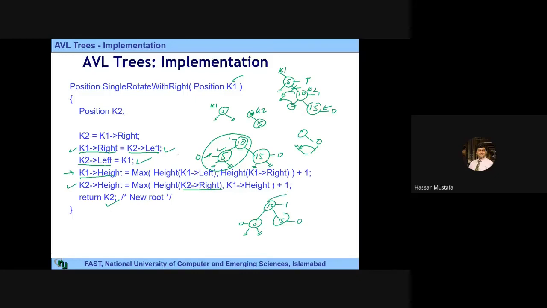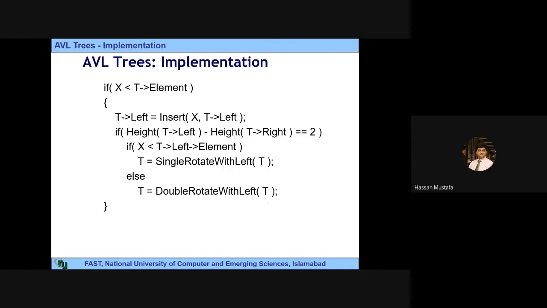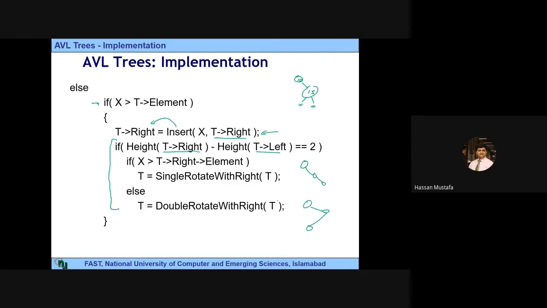This rotation function returns the address of this 10, and you saw in the insert function that after the single rotate with the right child, a new root node is returned and assigned here in the place of t. In this example, the t was 5, but after the rotation, this t should be updated, and the new root is 10, and the address of 10 should be stored here.